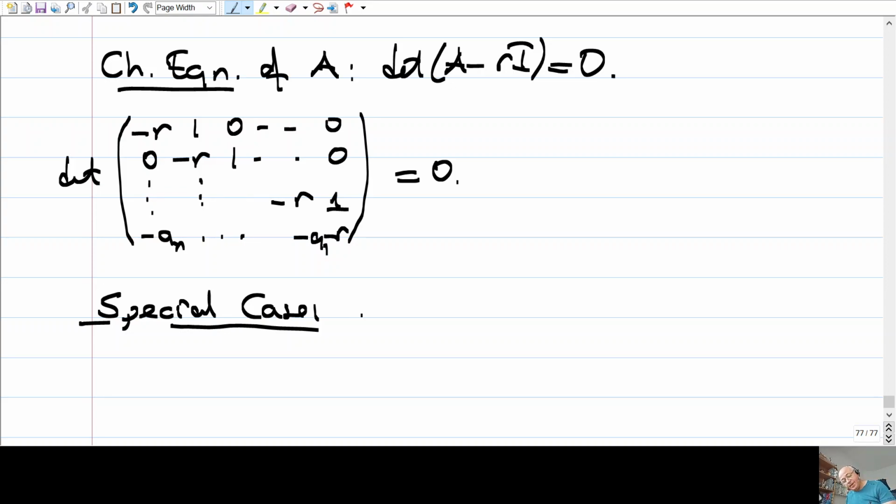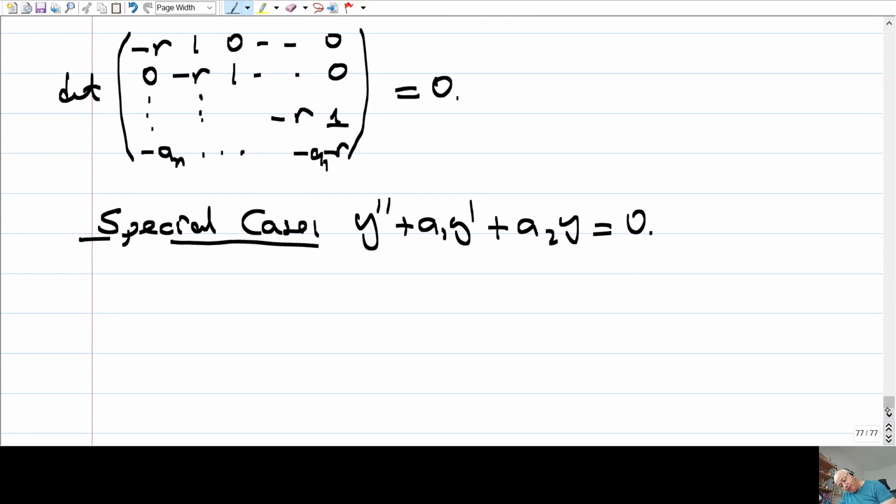Special case, let's say degree 2. Okay, a1 y prime plus a2 y equals 0. Okay, so in this case we have 2 by 2 system. So what will be the matrix? So x1 is just y, x2 equals y prime, right? And my equation will be this.